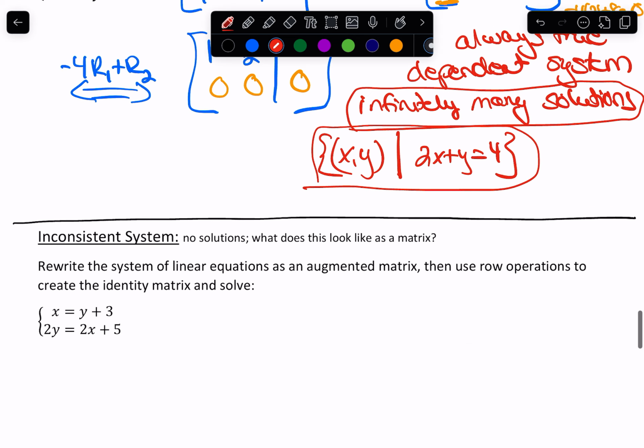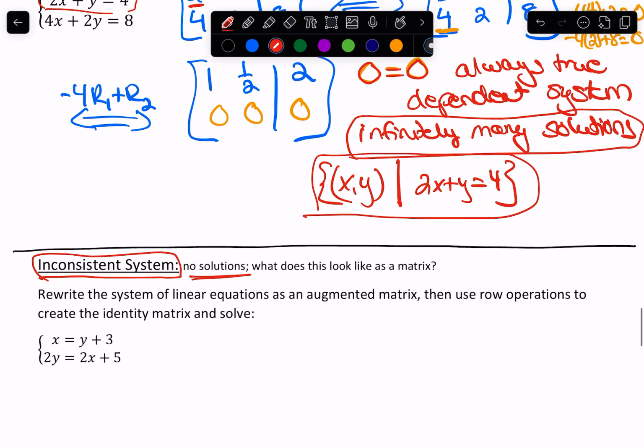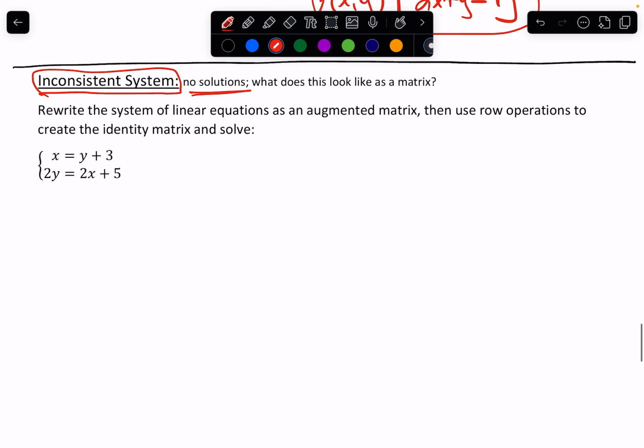Next, we're going to look at inconsistent systems. So remember, it was no solutions. So we're going to look at what happens with this system right here. First, before we can rewrite it as an augmented matrix, notice that we have x equals and y on the other side of the equal sign.